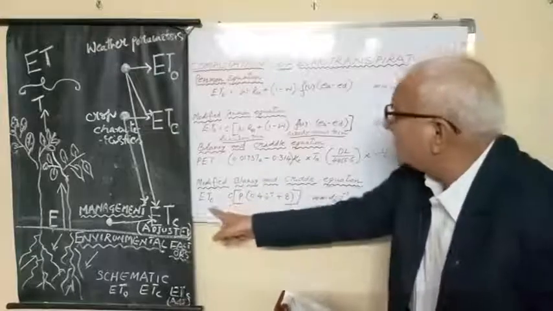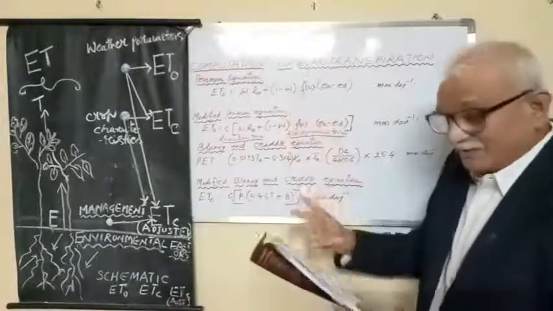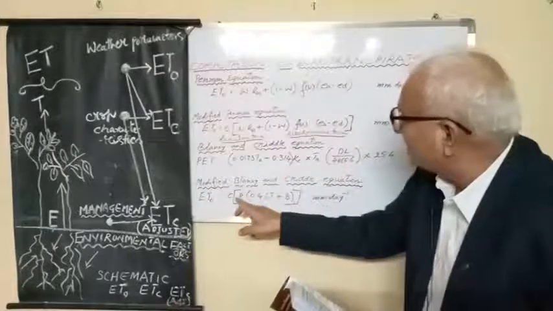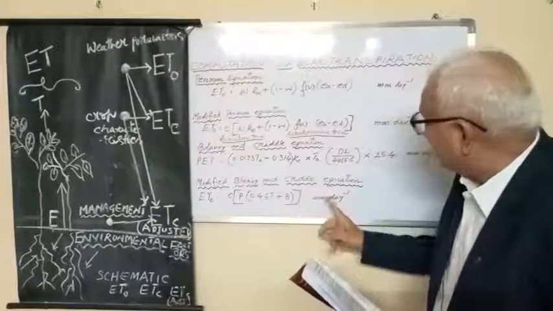Now, what is the modified Blaney and Criddle method, like the Penman equation? ETo is simple. ETo is equal to C into P into 0.46 T plus 8 millimeters per day.